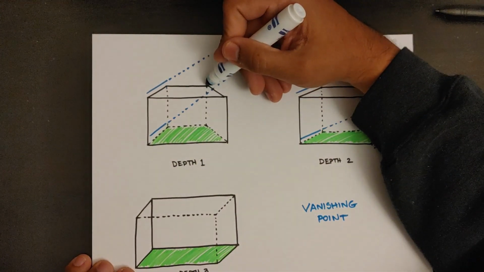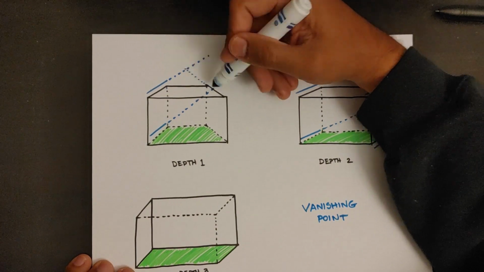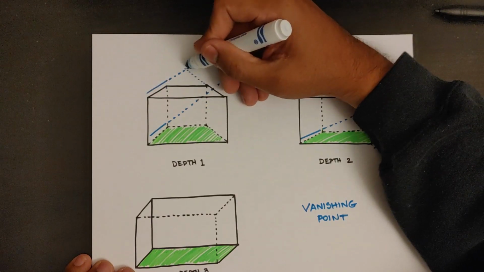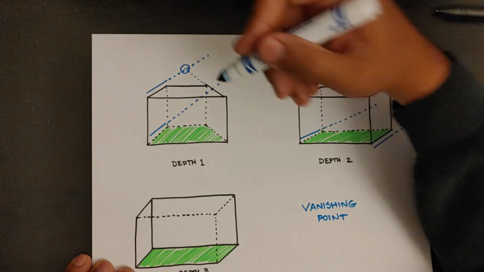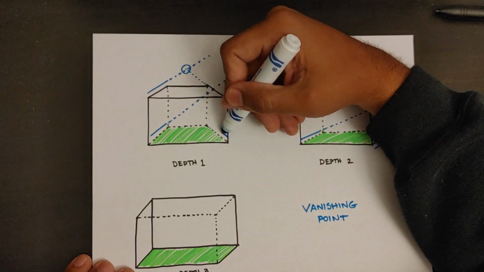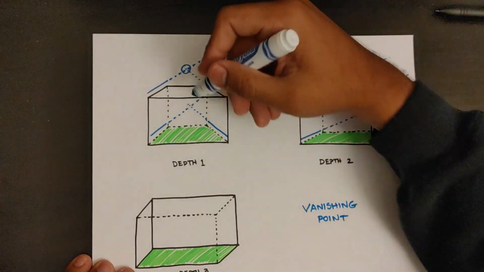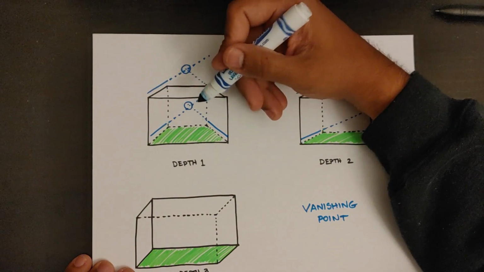How about these two? Sure, this one does converge with this, so it looks like there could be a vanishing point there, but if you look at this edge, it actually keeps going on and it converges here at another vanishing point.